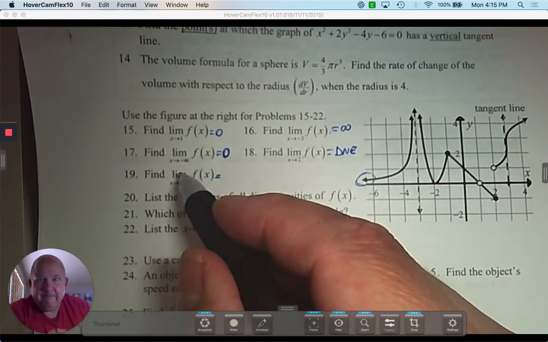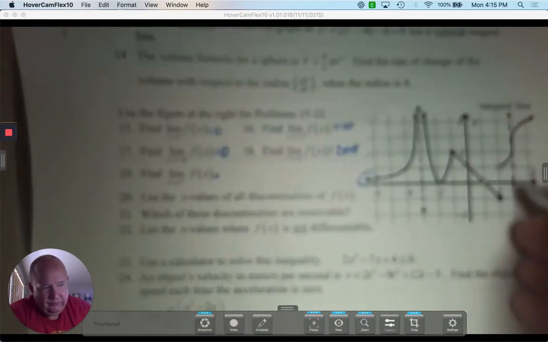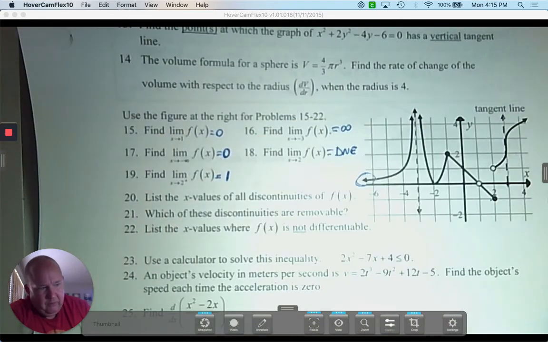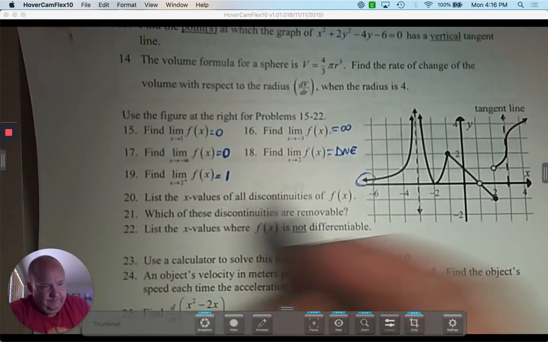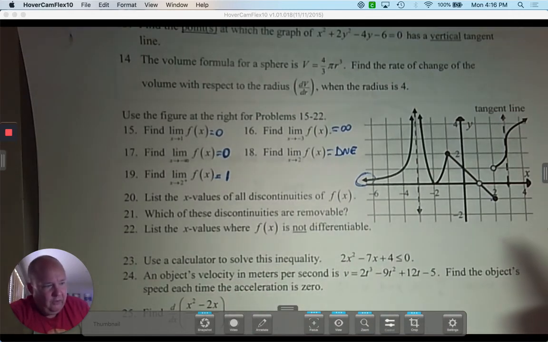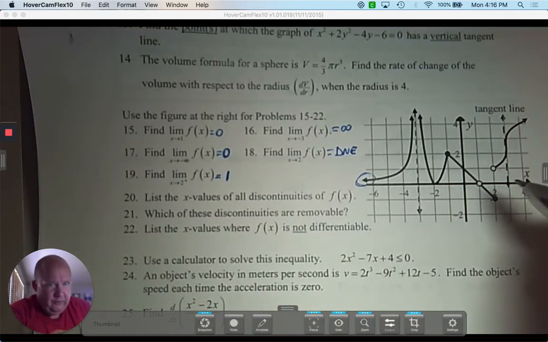Find the limit as x approaches 2 from the right. So that plus sign means from the right, what's the y value? So from the right, the y value is +1. Number 20. List the x values of all discontinuities. So for number 20, where are all the discontinuities?